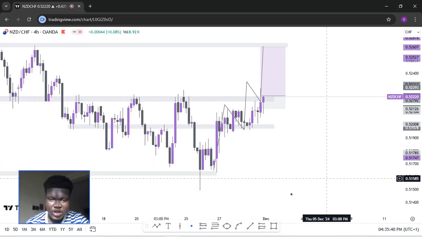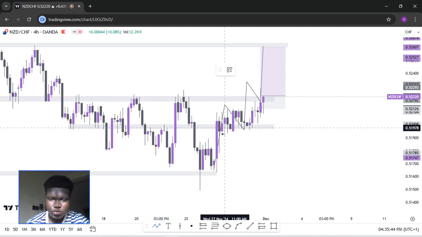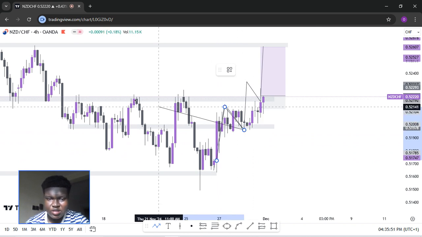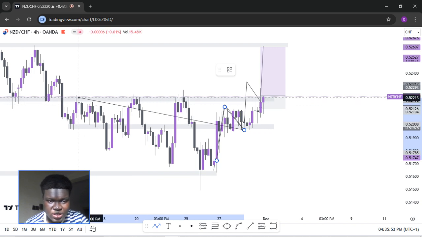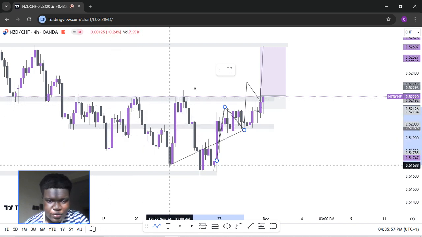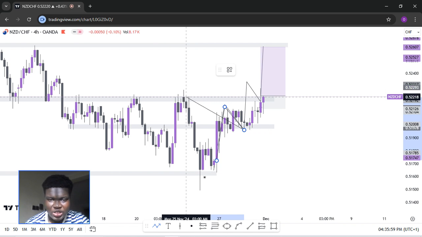Yeah, so in the chart right here, as you can see, this zone, a simple price action. This is a higher high, this is a higher low. So what I'm saying is that the first time price was at this zone, it fell. The second time price came here, found resistance. Third time price came here, found resistance.